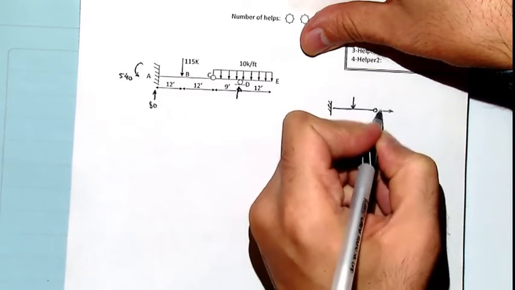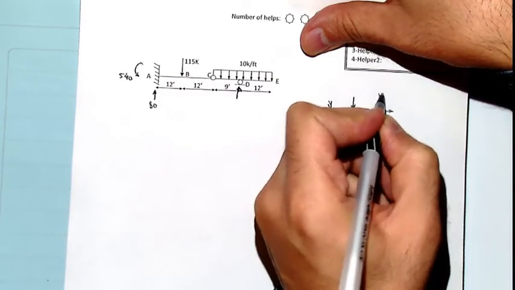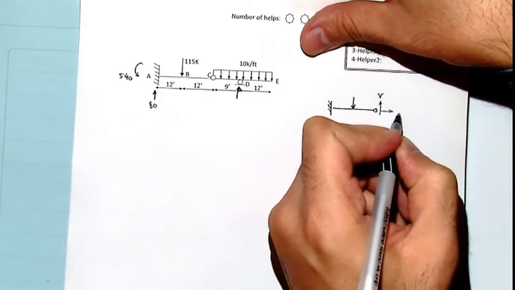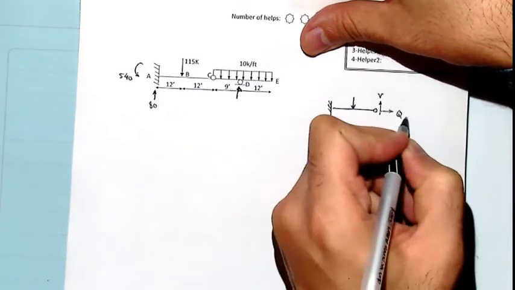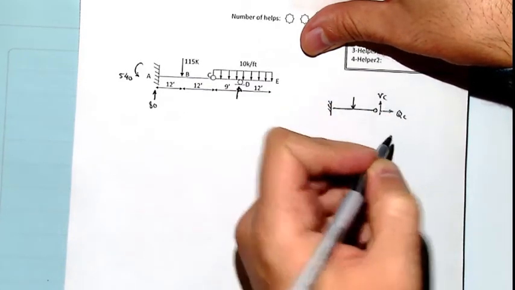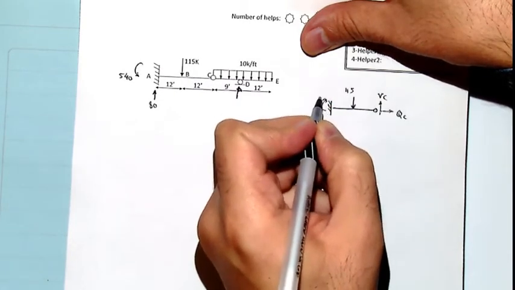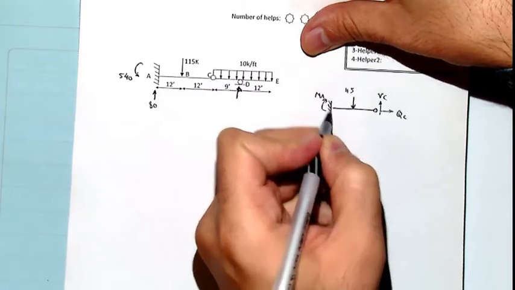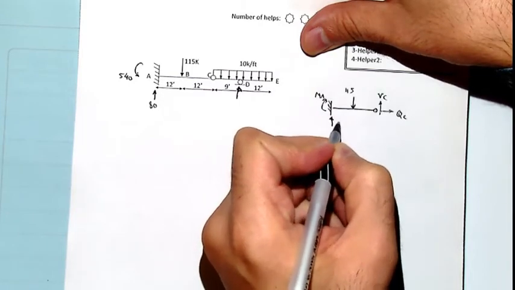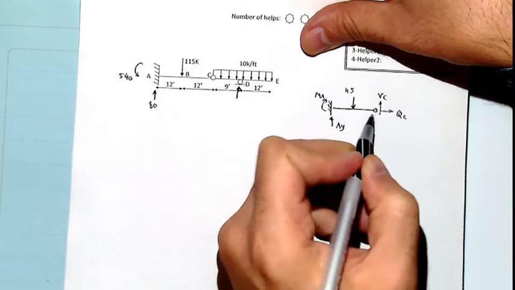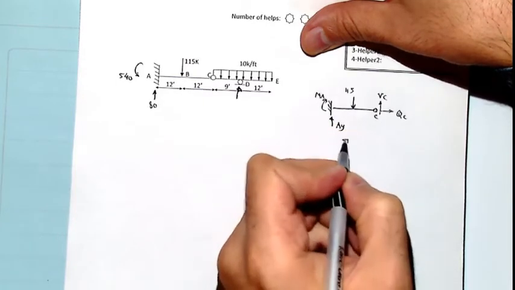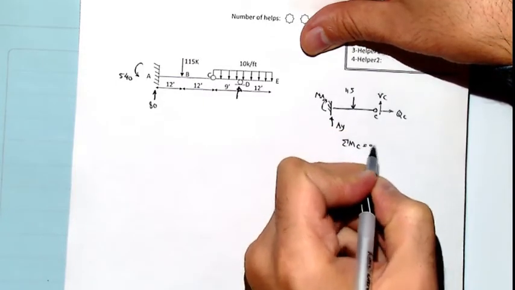When we detach, definitely this shear and this axial force at point C remain, and we just deal with the rest. It's MA and AY, and we can take moment around point C, sigma M around C equal to 0.